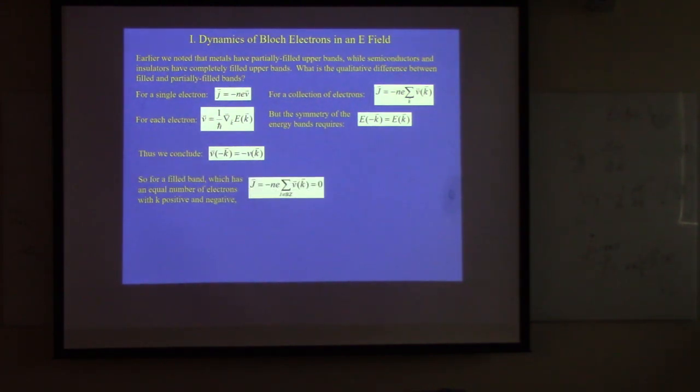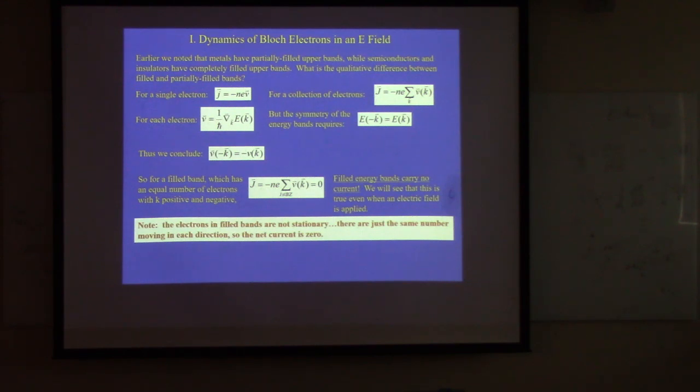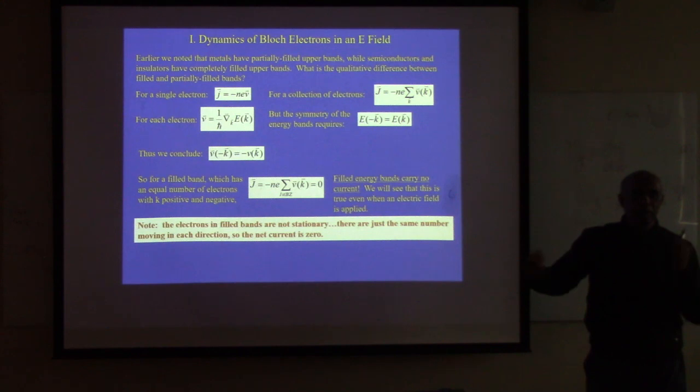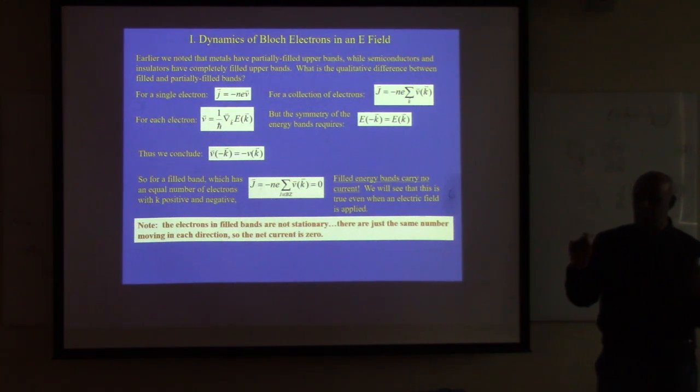So if you look at this one, total V becomes 0. This means filled energy bands carry no current. That's what we talked about, right? Because it cannot carry any currents. So this is a very important thing too. But that doesn't mean they are not moving. Some people misunderstand that.